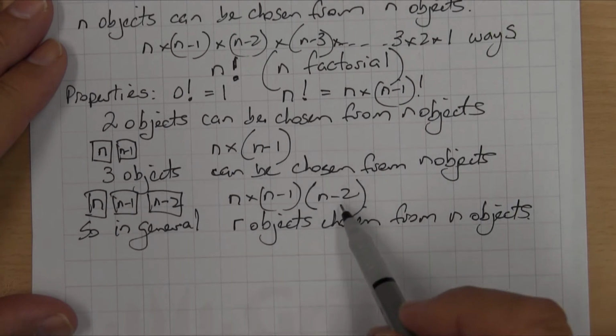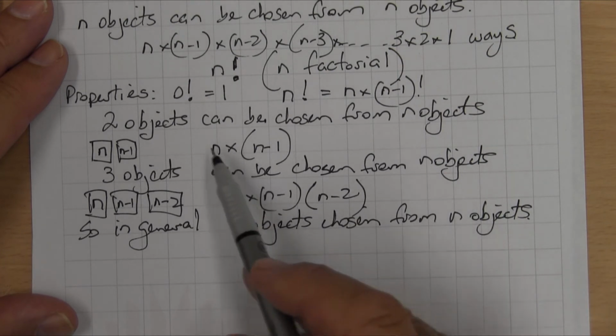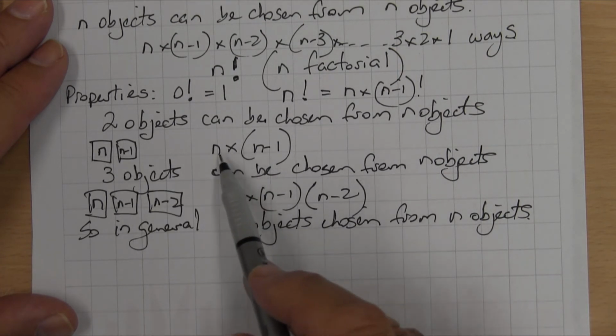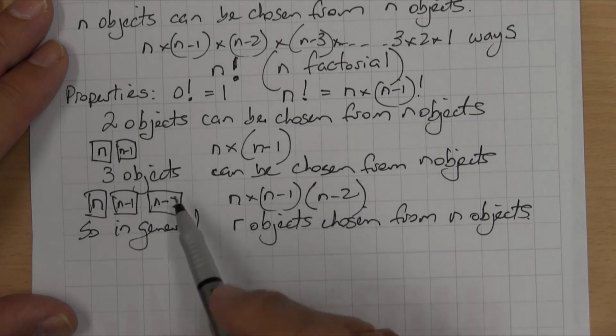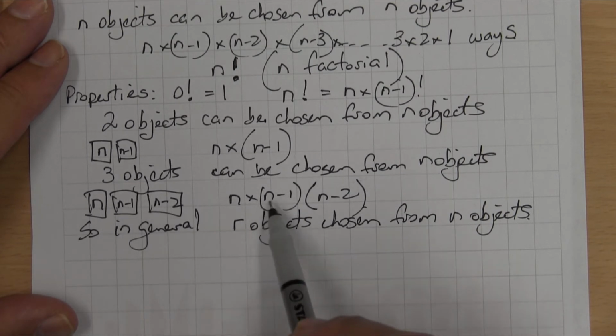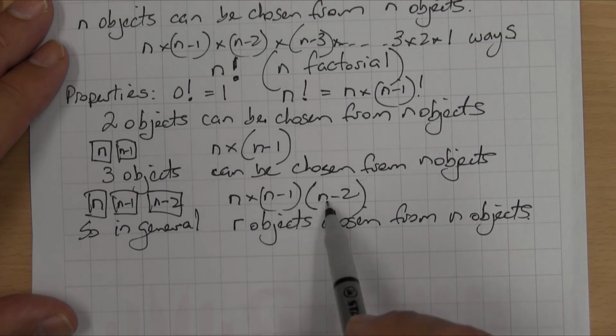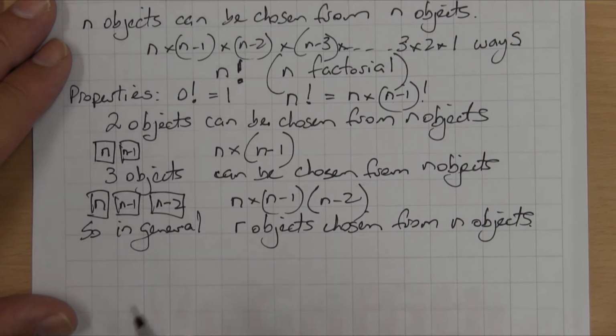This is 3 objects, and n minus 2 is the last factor here. So we always start at n. So we've got 2 objects, starting at n, and this number here is 1 less than that. Here we've got 3 objects, we start at n, and we go down the factors reduced by 1 each time, and we stop. This number here is 1 less than that.